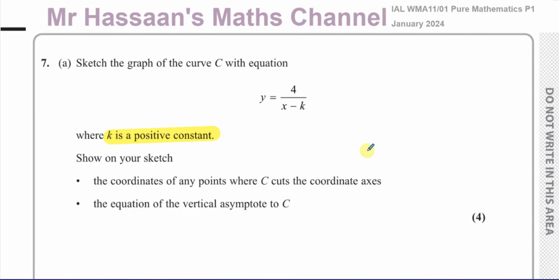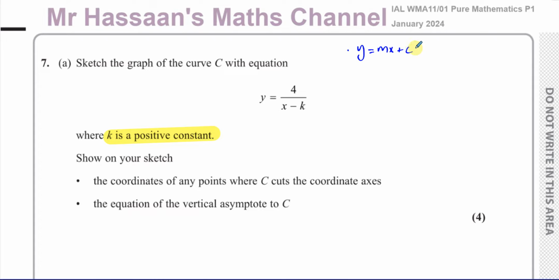Now, when you want to sketch the graph of any curve, the first thing you need to determine is its basic shape. You should be able to recognize the basic shape from the equation of a curve. Straight line graphs have the form y equals mx plus c, where you have x without any power other than 1: no squared, no cubed, not in the denominator, multiplied by a constant sometimes and with a constant added.